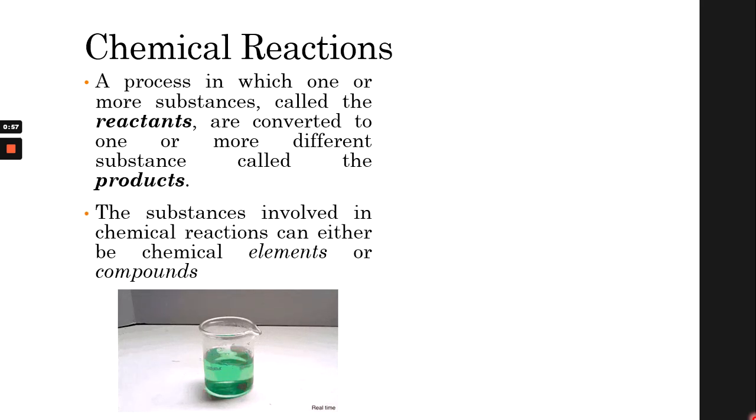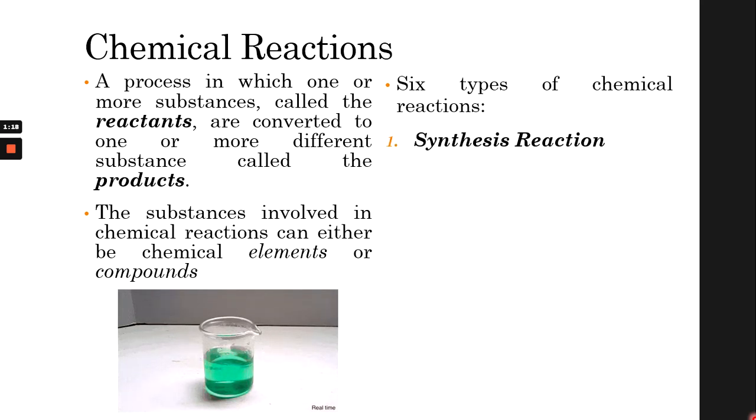In chemical reactions, usually the substances that you use can either be a chemical element or compounds. So you would see during our discussion today that sometimes we use elements and sometimes we use compounds. There are 6 types of chemical reactions.